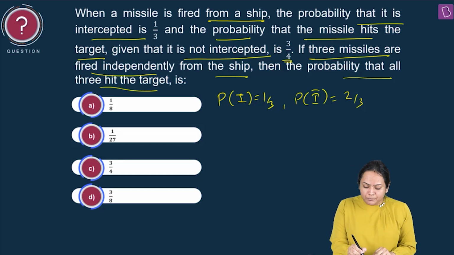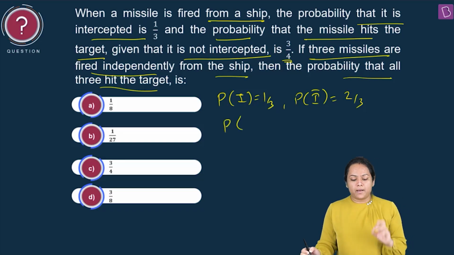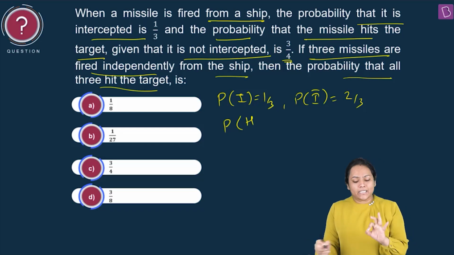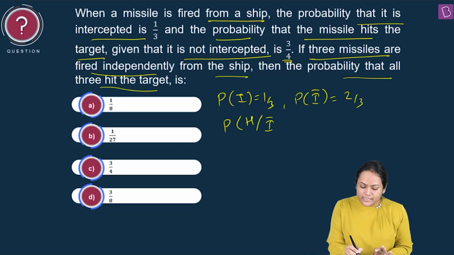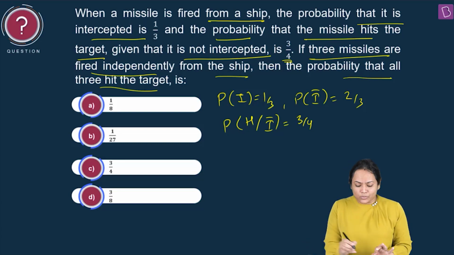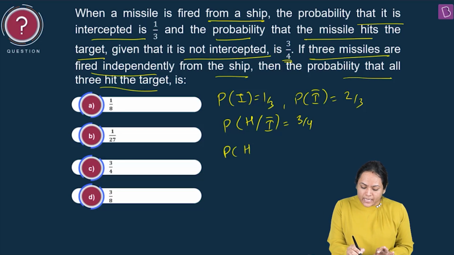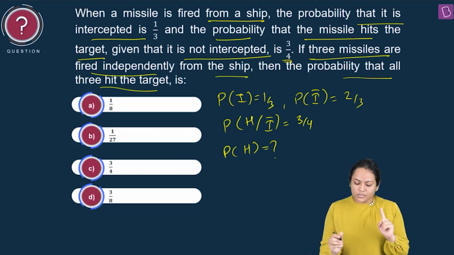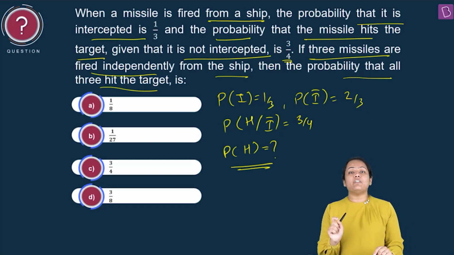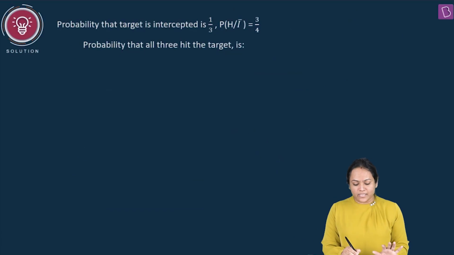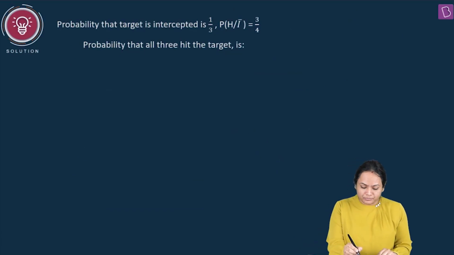Further, it's saying that the probability of the missile hitting the target, given it's not intercepted, is given to me as 3 by 4. What they have asked is the probability of the missile hitting the target. And that too, how many times? 3 times. Clear? Okay, so these are the informations which they have given to us.